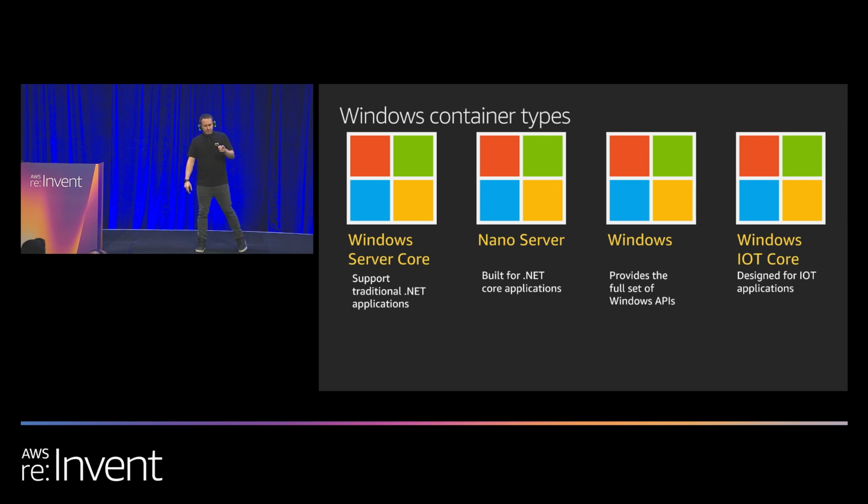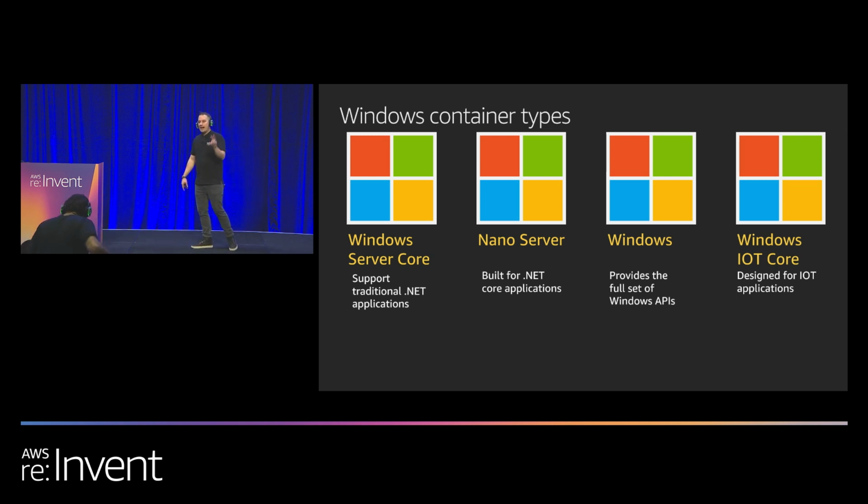Generally speaking, Windows Server Core is for more traditional .NET applications. If you're building a 4.2 application or an ASP.NET 2.0 application, it's going to have to use a Windows Server Core base image. Occasionally you'll find things which you need support for that are not in that image. Then you might have to drop back into a Windows-based image.